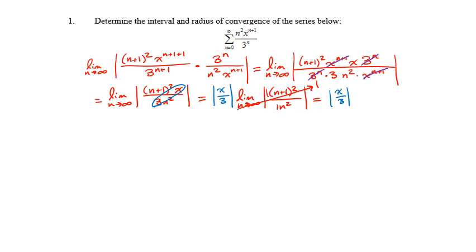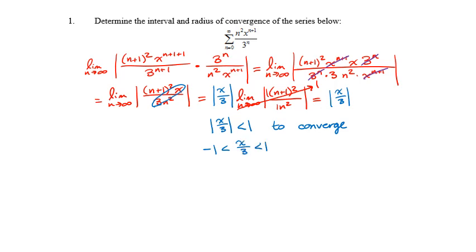Now, according to the ratio test, in order for something to converge, that limit that we get has to be less than 1. So that means that the absolute value of x over 3 has to be less than 1 to converge. Well, if the absolute value has to be less than 1, then really x over 3 would be between negative 1 and 1, right?